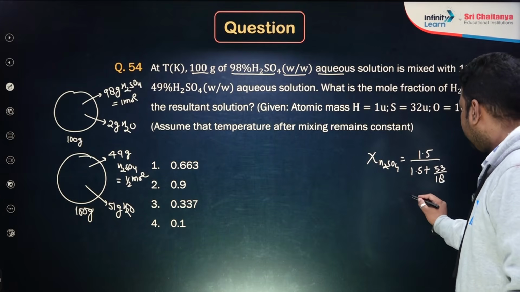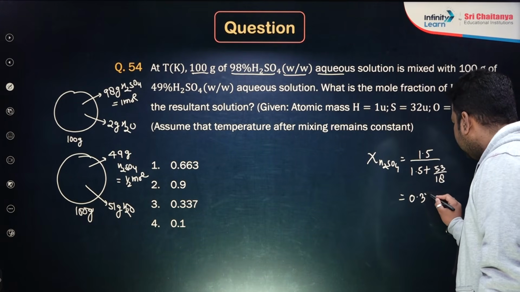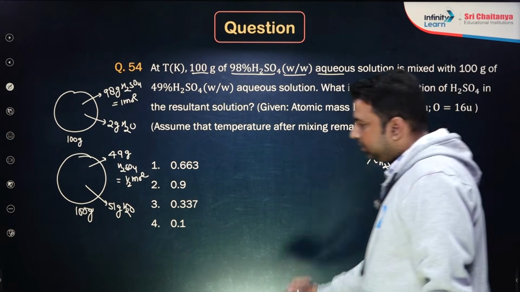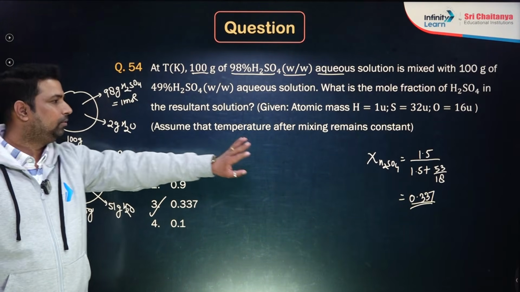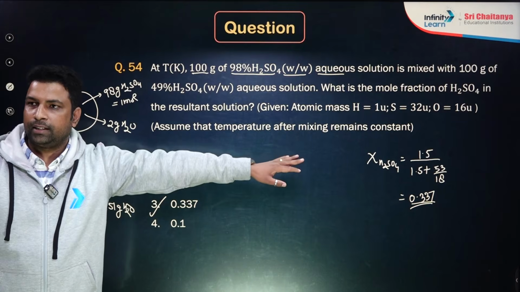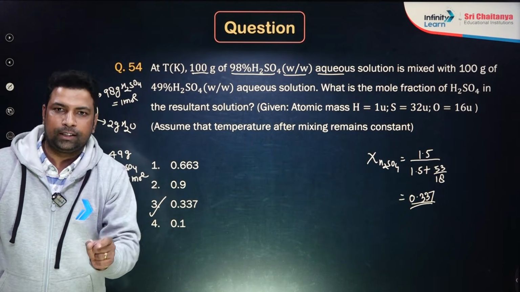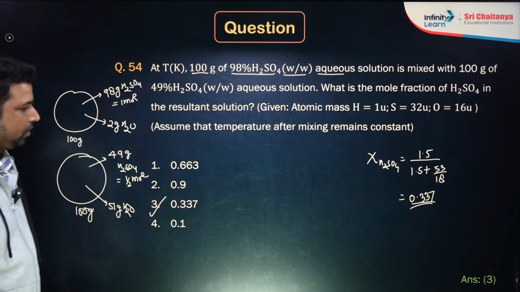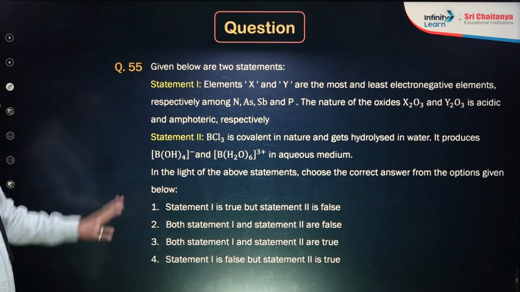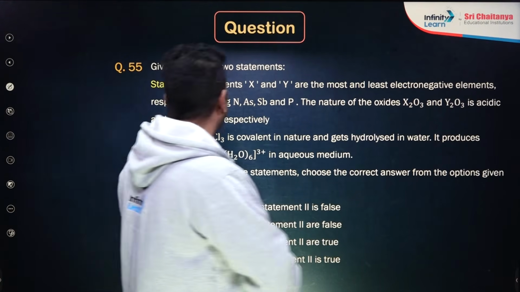Once you solve it, you will get 0.337. So the right answer would be the third part. Total moles of sulfuric acid upon total moles of sulfuric acid plus total moles of water, that is your right answer. Third part, third answer.